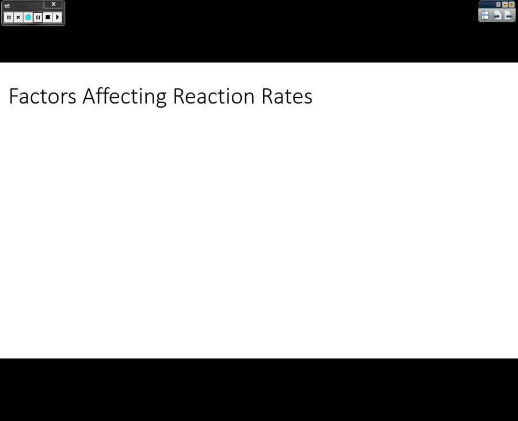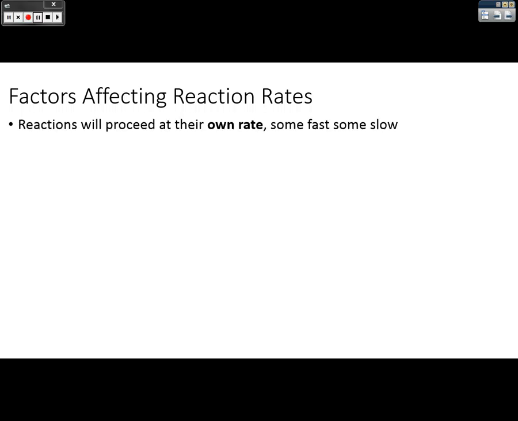Sometimes they do. If they collide with enough energy, they will overcome the activation energy. The more collisions you can have, the more likely you are to have collisions that have enough energy. So if you want to increase the rate of a reaction, you want to increase the number of collisions that are occurring. And we can do that through a variety of ways.